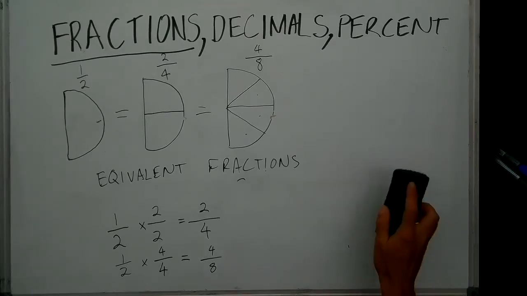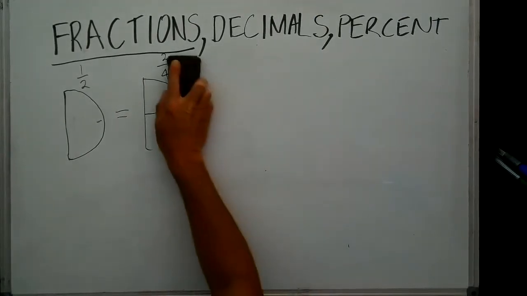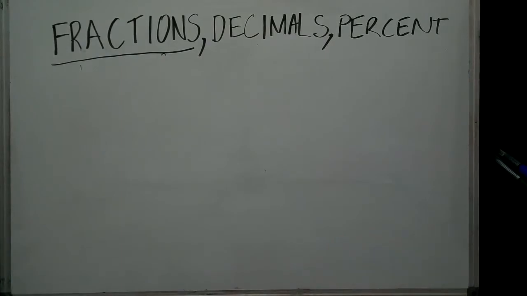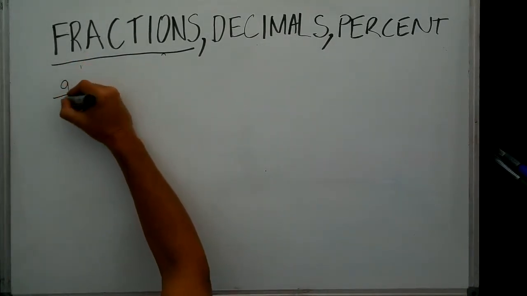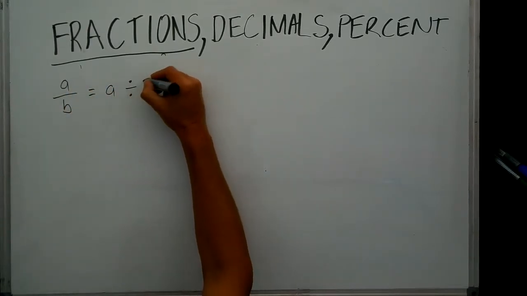Now remember, let's get rid of that. So remember I said we're going to be moving on to decimals. Remember I said that a fraction, let's just write it as a over b again, equals a divided by b.